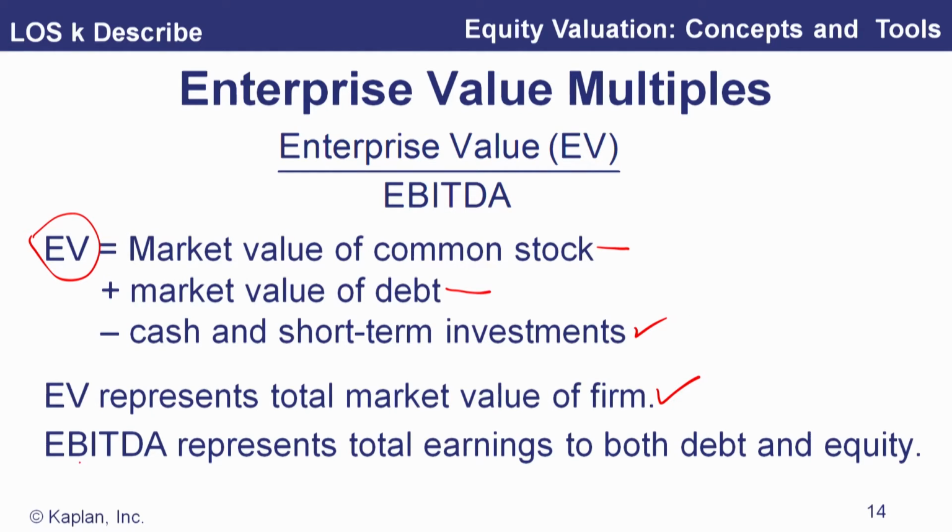And this earnings before interest, tax, depreciation, and amortization is the total earnings available to both debt and equity. One of the advantages is that we can compare companies with different capital structures because we've taken out the interest on debt and the tax effects of debt.